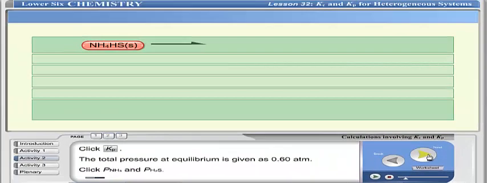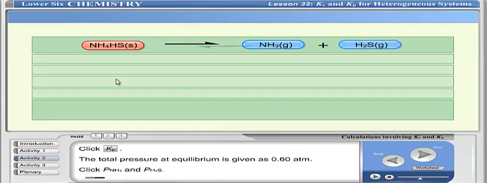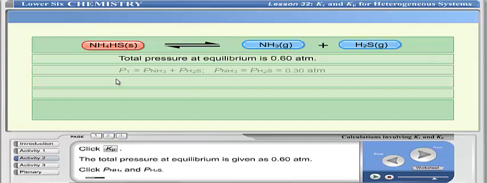Click the Kp button. The total pressure at equilibrium is given as 0.60 atmospheres. Click PNH3 and pH2S.